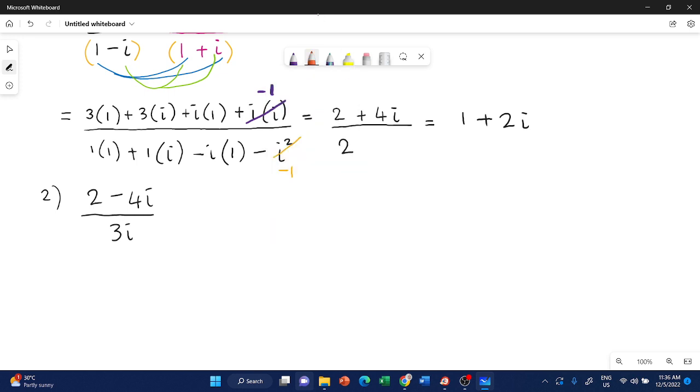Any idea how to do this question? Change it to the negative form, maybe. So, what we are supposed to multiply with? The 3i. Yeah, conjugate. Not 3i, the conjugate of 3i. So, what is the conjugate?